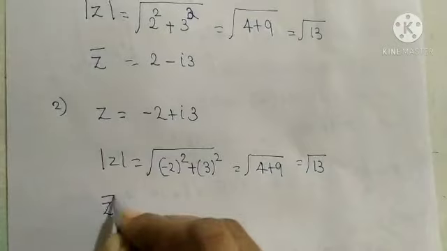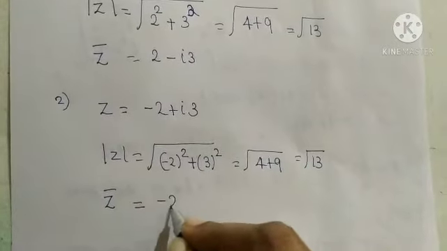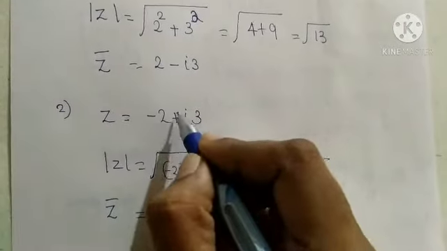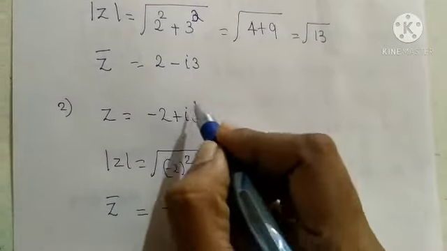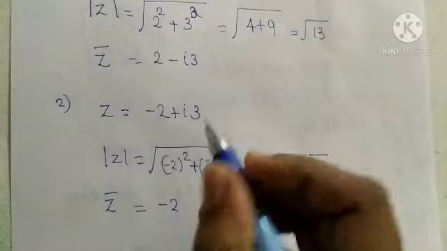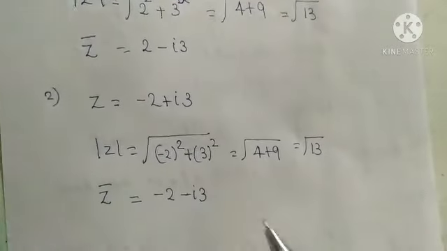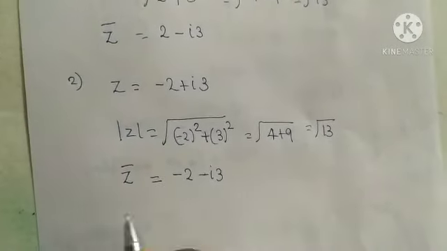And the conjugate equals minus 2, changing the imaginary part sign, the plus 3i changes to minus 3i. That is our answer.